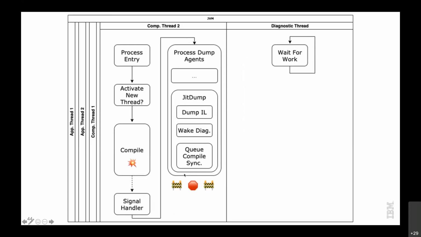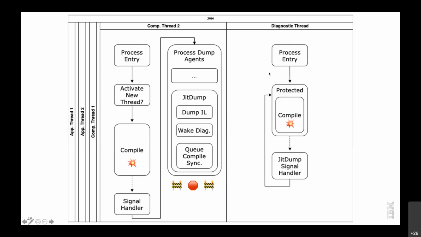Once this compile is queued, the diagnostic thread has the ability to pick up that compile, so it starts processing the entry. The way it compiles is within a protected compilation unit. What we do here is register a signal handler for this compile, a custom signal handler within the JitDump mechanism itself. We call it the JitDump signal handler.